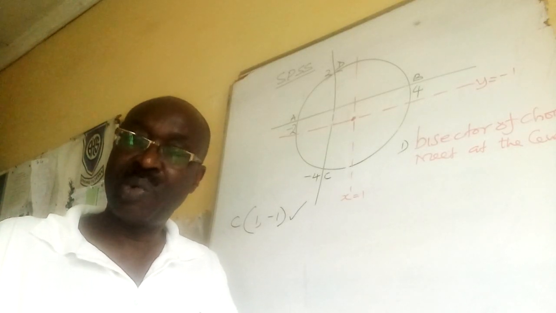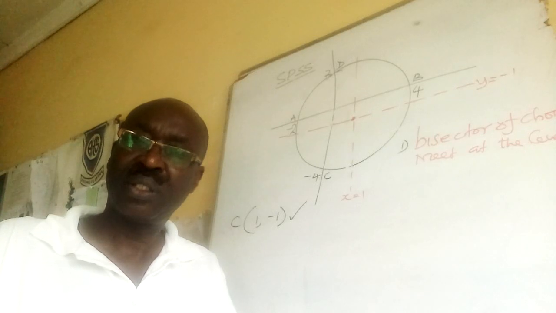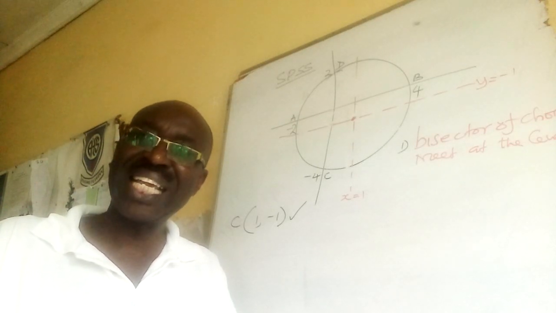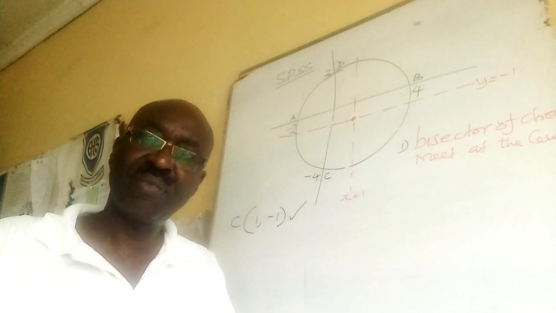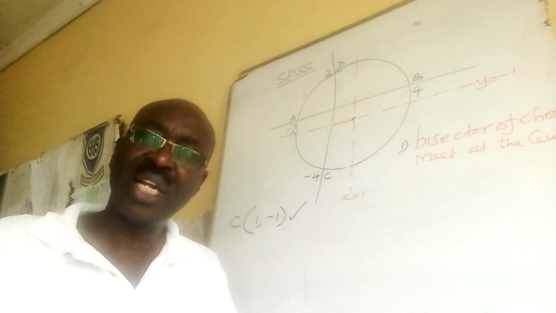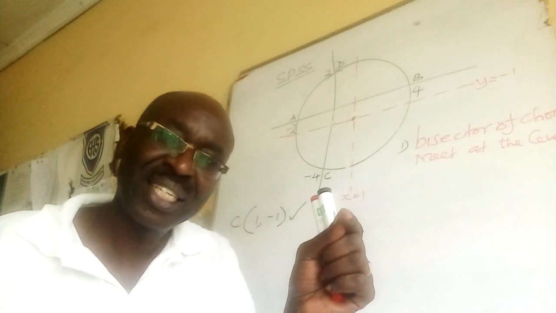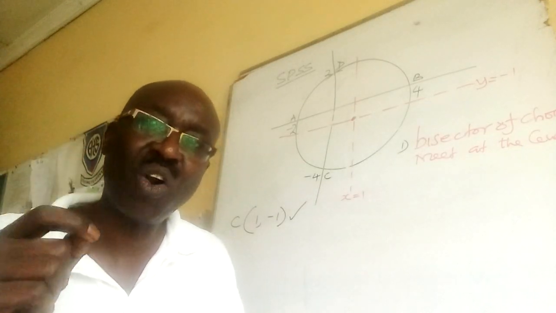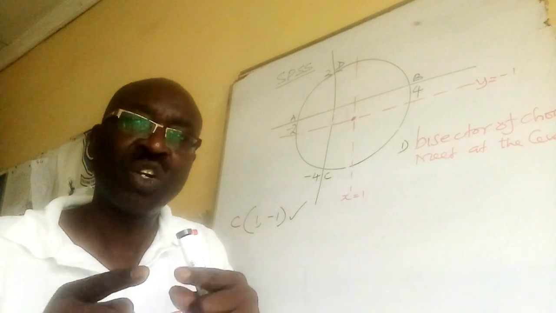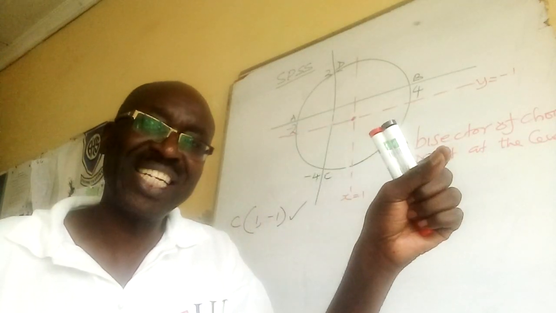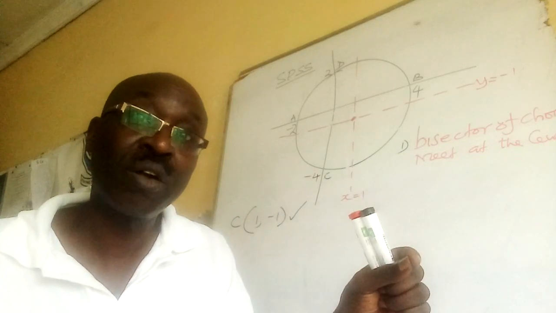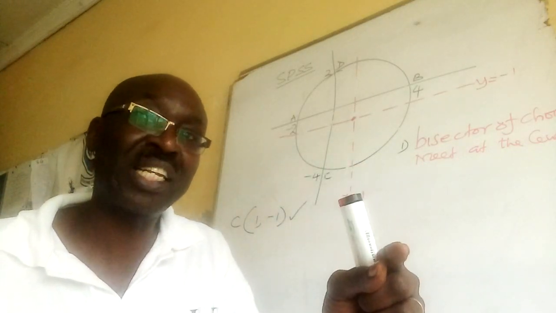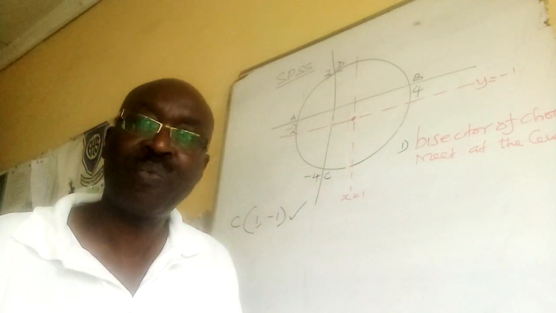I hope you remember this, because it will be used in construction and loci. When you are told a circle cuts and a circle touches, when you join where it cuts, it is a chord. Its bisector passes through the center.